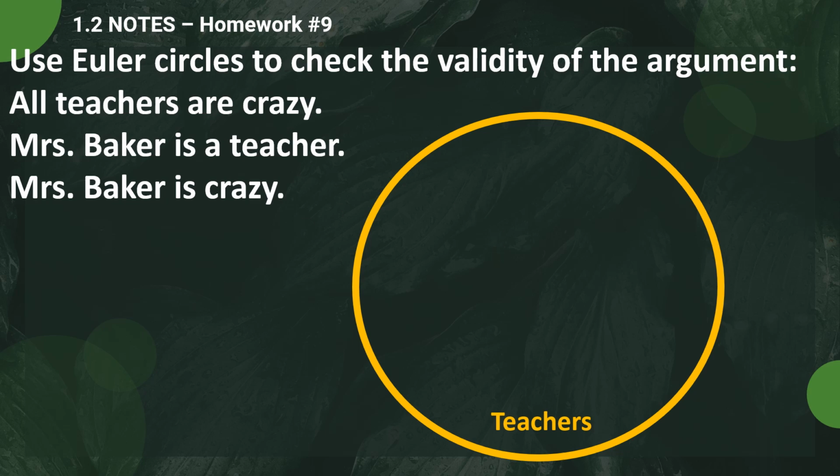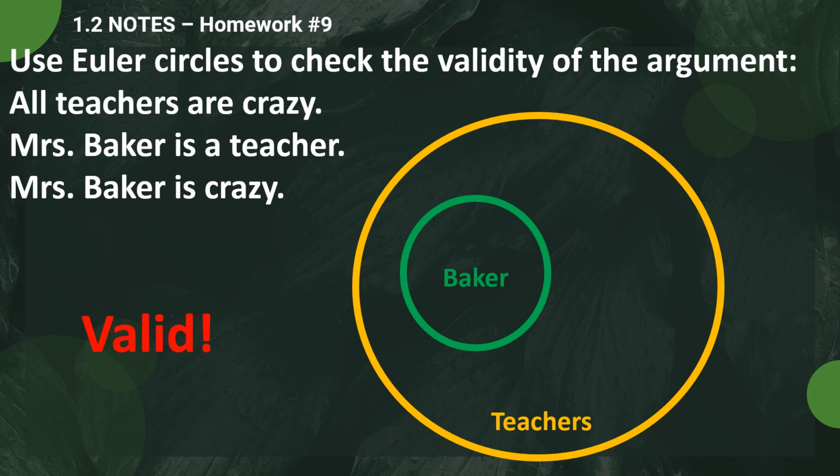So I'm going to put a little circle inside of here, and there's where Miss Baker lives. My question now is, is Miss Baker crazy? Well, if all teachers are crazy and Miss Baker lives in this circle, then yes, Miss Baker is crazy. That's a valid statement because Miss Baker lives inside of that crazy circle. So that's how a Euler circle works.